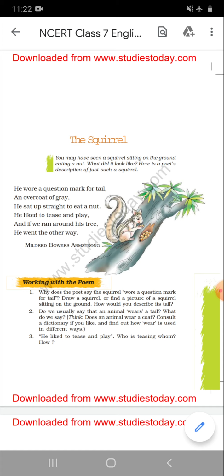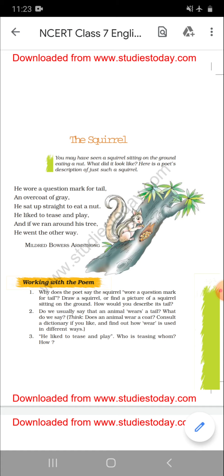Now, typically, an overcoat is like a jacket worn above the rest of your clothes. So, when the author says an overcoat of grey, she is trying to imply that the squirrel's fur is tinged with grey, like it has a layer of grey on top of it.